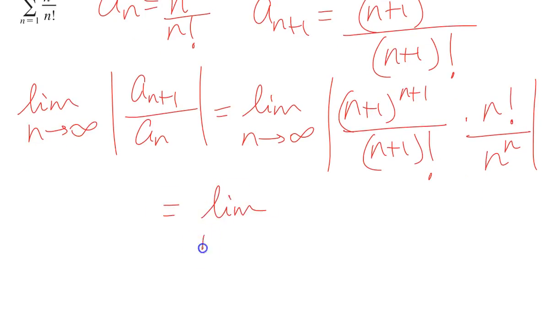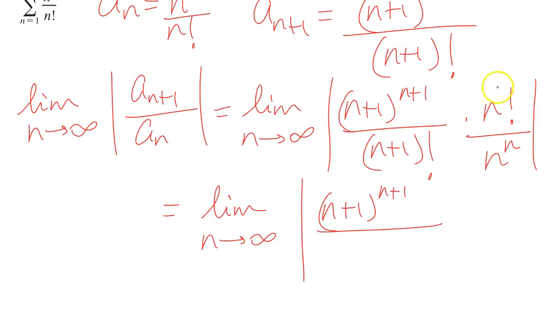Limit as n goes to infinity of... how do we simplify this? Remember, guys, rewrite larger factorials using smaller factorials. So let me keep this as n plus 1 to the power n plus 1. Let me rewrite this larger factorial using the smaller factorial. What is n plus 1 factorial? Isn't that n factorial times n plus 1?